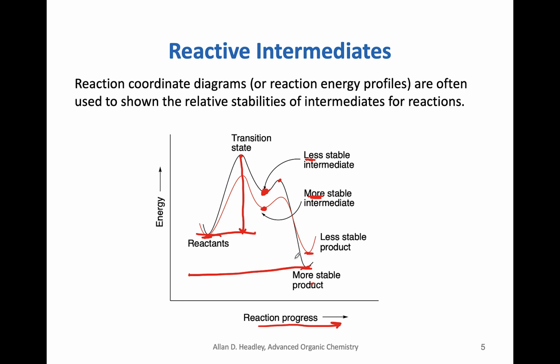So the take-home lesson from this plot is that it's possible to form different intermediates that are of different stabilities as we propose mechanisms, and we can reflect that difference in stability using the energy profile or the reaction coordinate diagrams.